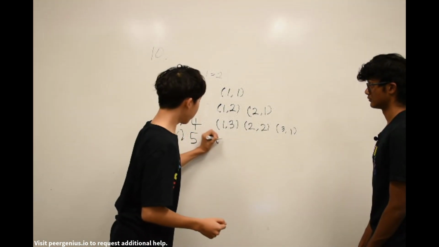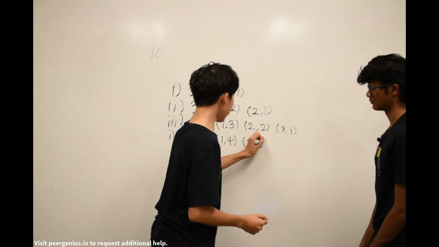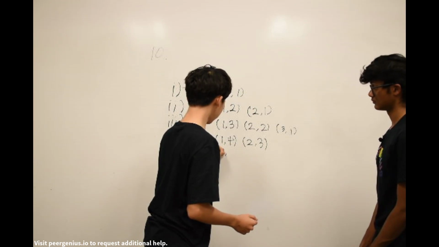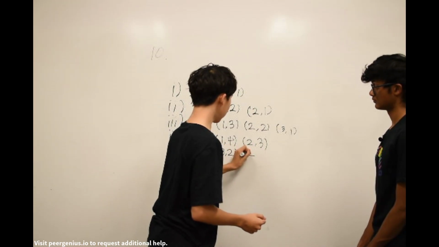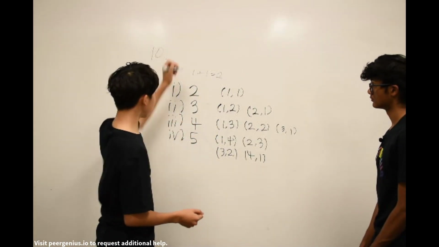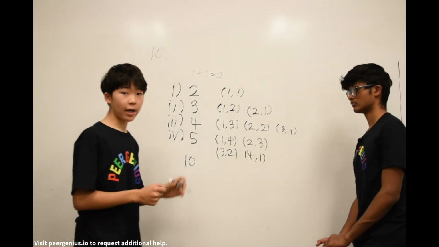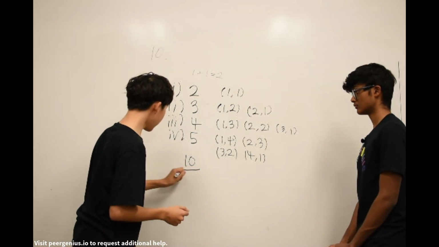And for 5, 1 and 4, 2 and 3, 3 and 2, and 4 and 1. So there are a total of 10 cases. Since that is the favorable outcome, we're going to put that in the numerator.